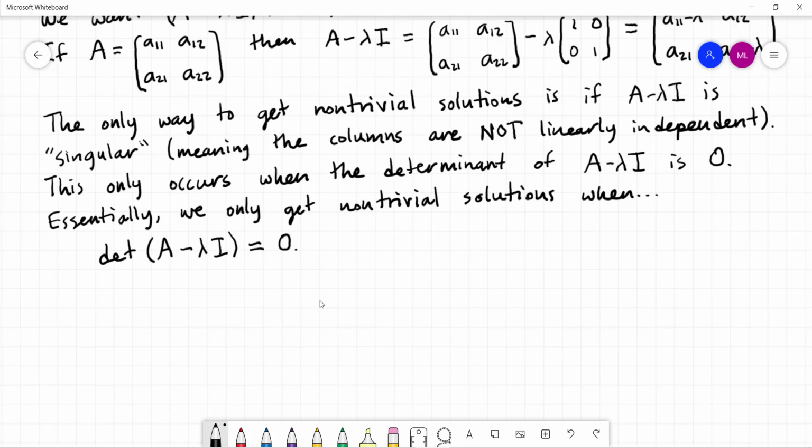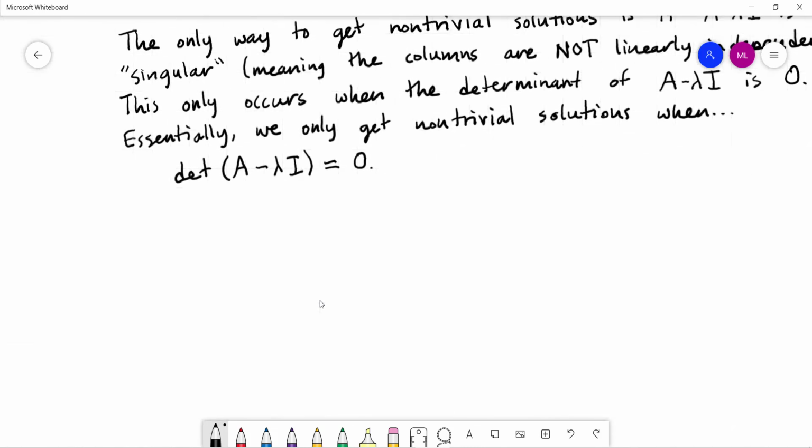Okay, so just a quick couple side notes in case we've forgotten what those things are. The determinant of a matrix A is sometimes denoted with just vertical lines on the side of that matrix. And for us, it's basically A11, A22 minus A12, A21.